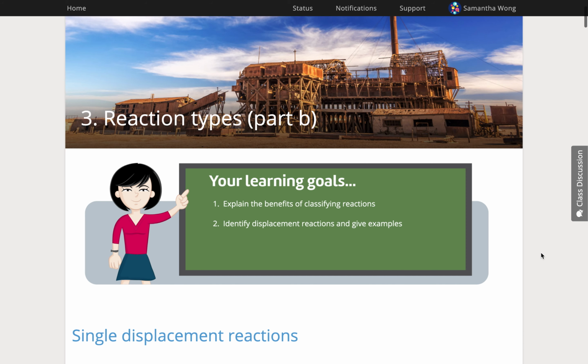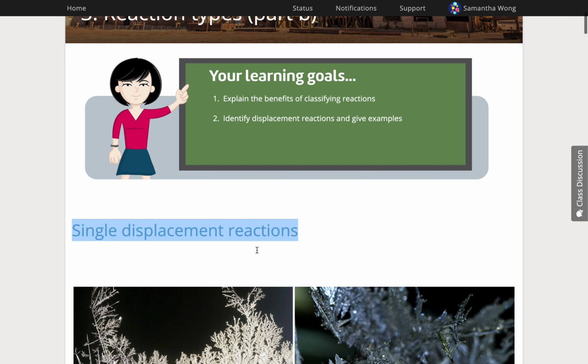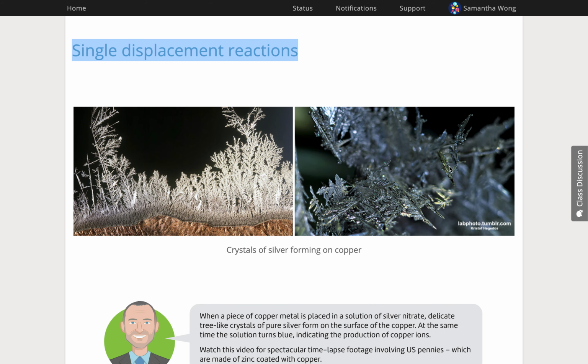So the first one we're going to look through today is called our single displacement reactions. If we scroll down slightly, what we can see here are two images of crystals of silver forming on top of copper.